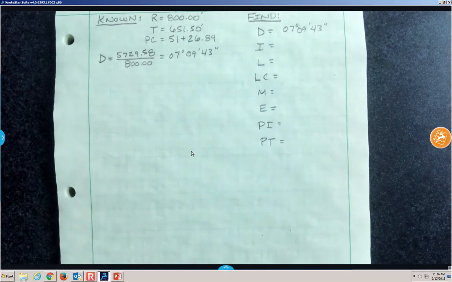All right, what's the next one that we can do? We need to find I. Here's one of those we might have to do some substitution on.